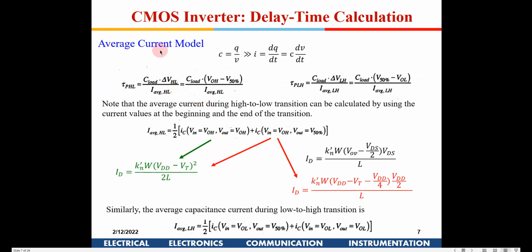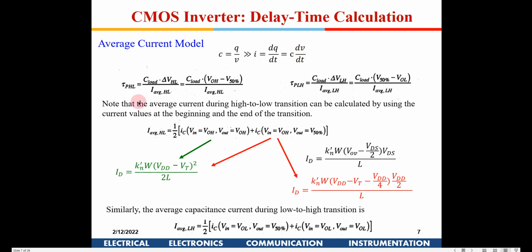So in the average current model, the capacitance is C = Q by V, right? So I is dQ by dt, or I can write it as C dV by dt. If I take a DC kind of model here, delta V is the total variation in the voltage, and delta t is the time taken for the change of that voltage, and I take an average current during this process.